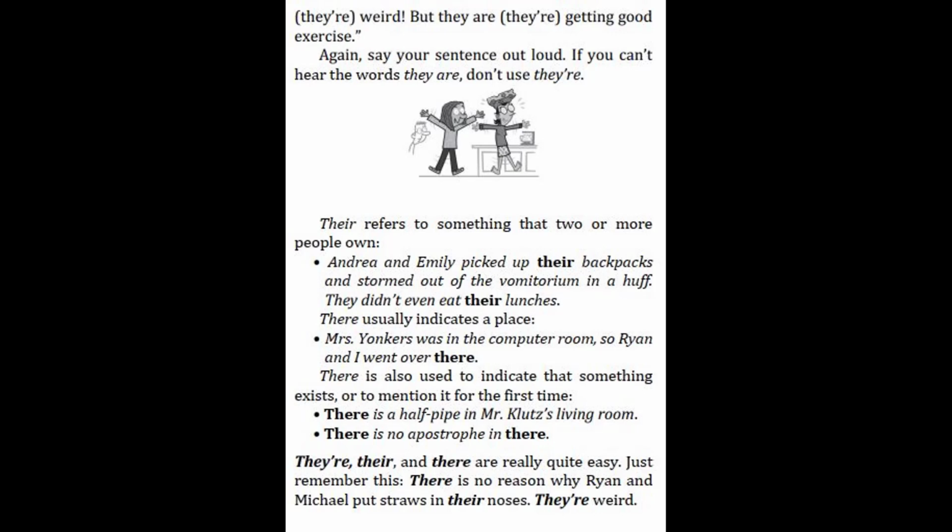There is also used to indicate something exists or to mention it for the first time. There is a half pipe in Mr. Klutz's living room. There is no apostrophe in there. They're, their, and there are really quite easy. Just remember this. There is no reason why Ryan and Michael put straws in their noses. They're weird.